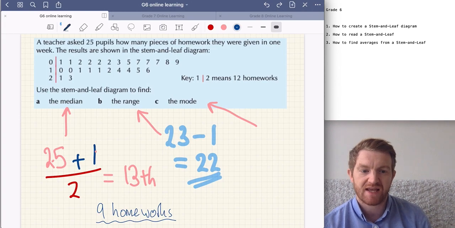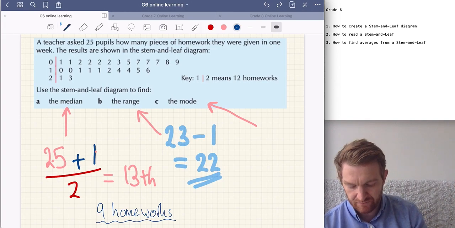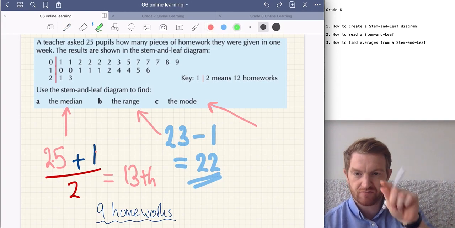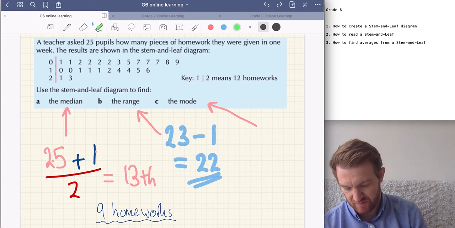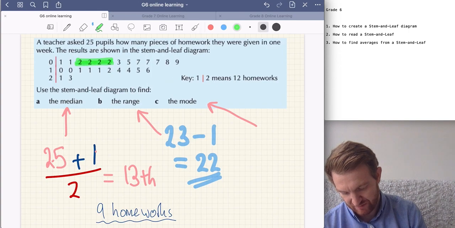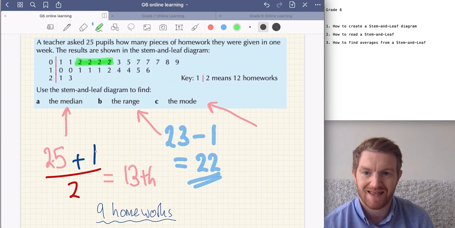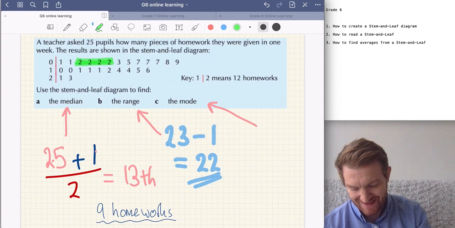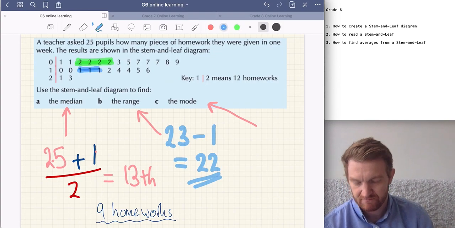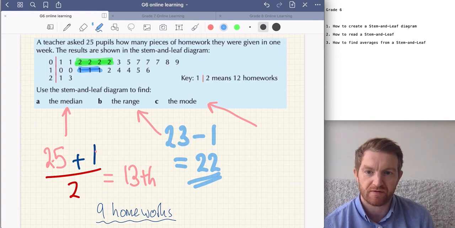So what we'll do is we count them in the rows. For example, in the first row, that's the 0 row, we can see that there are 4 2s. So that one is the most common in that row. In the next row, the most common is 1. We've got 3 1s. So 4 2s is more than 3 1s.